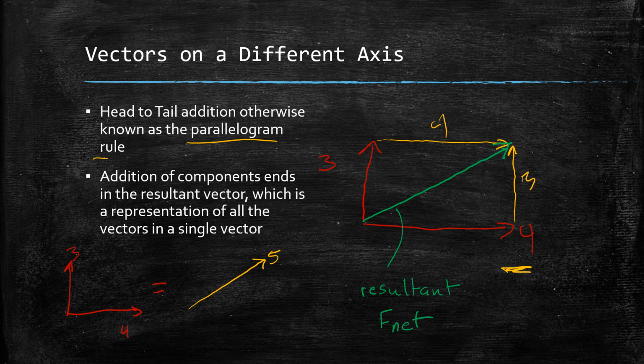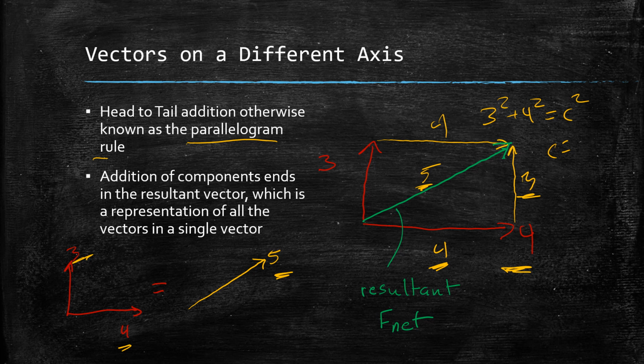This is the one-step definition of these two vectors together. Now, we got that to be 5 because it's a 3, 4, 5 triangle from Pythagorean's theorem. 3 squared plus 4 squared equals c squared.